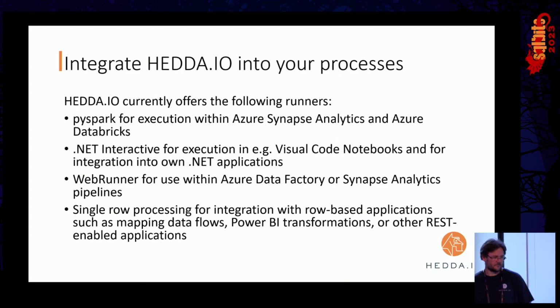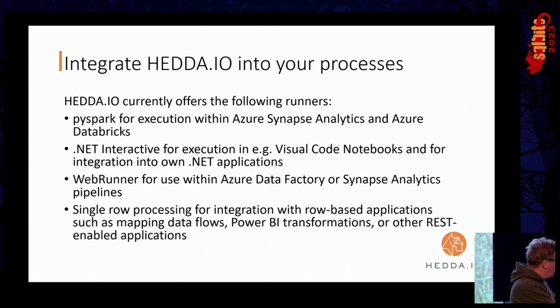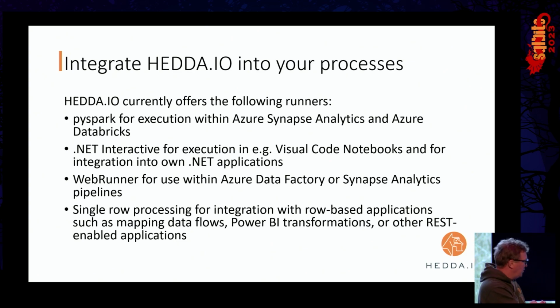So what we try to establish is something that we build, so-called runners. These are engines that will be placed in the part where you are working with the data. For example, if you are working with Azure Synapse and you have a notebook, or you're working with Databricks and have a notebook that you can use, for example, PySpark, to leverage our knowledge base and rule engine.